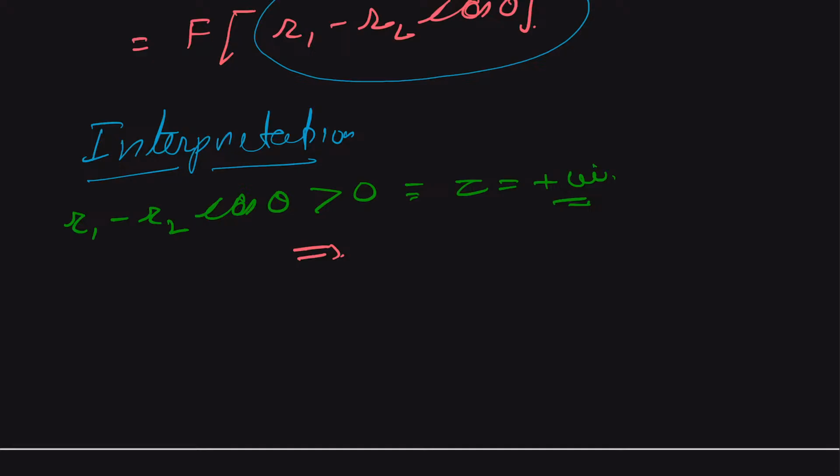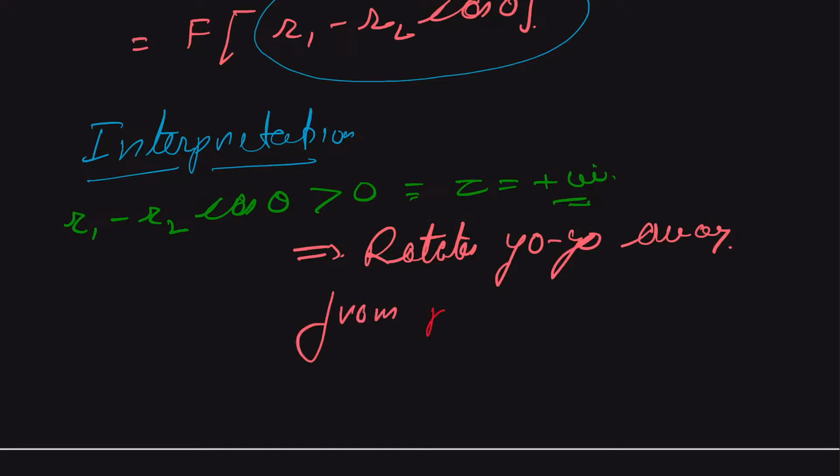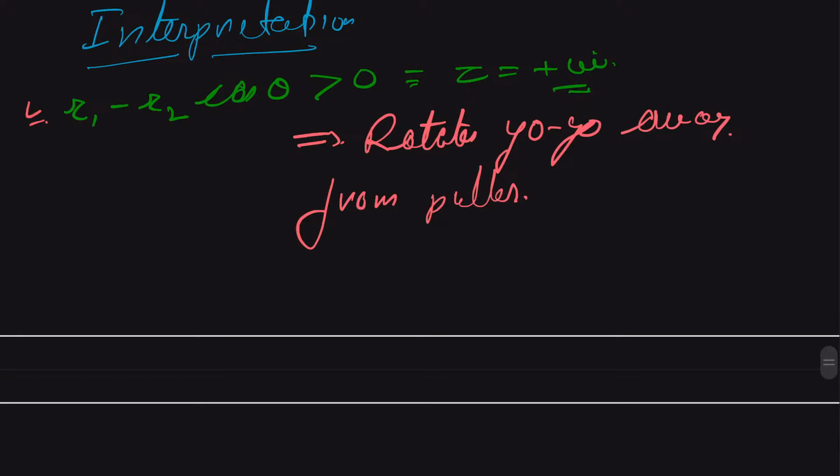it rotates the yo-yo away from the puller. This is the first case, and then we have a second, which will be the reverse of that.